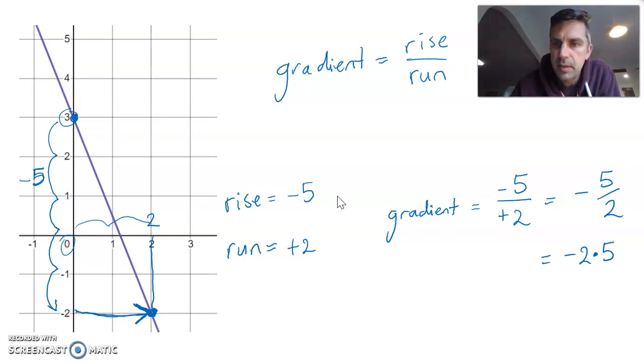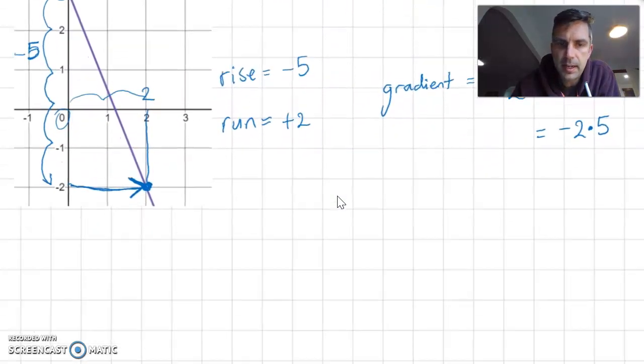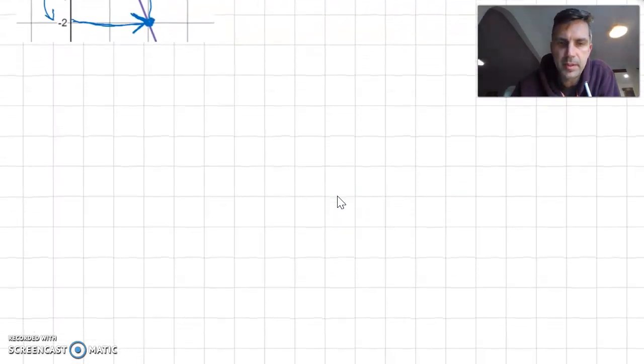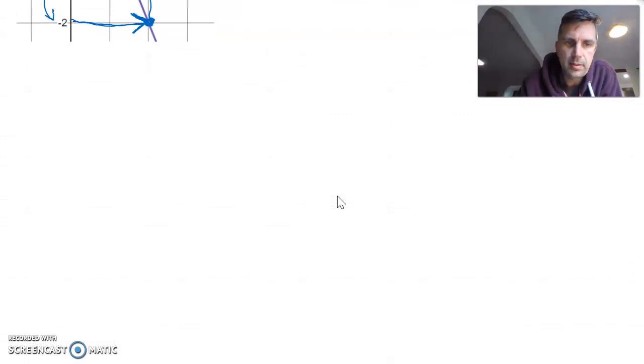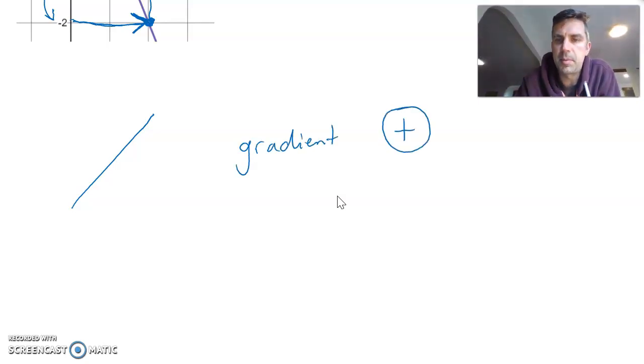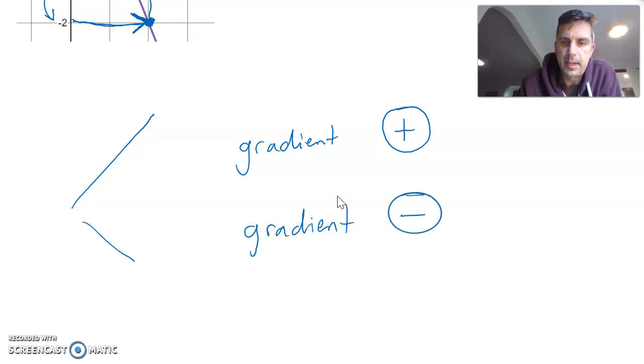The last thing I'll just say about gradient, if we think about what we've done there: if our graph is going like this, that means the gradient is going to be a positive number. If the graph is going like this, that means the gradient is going to be a negative number.